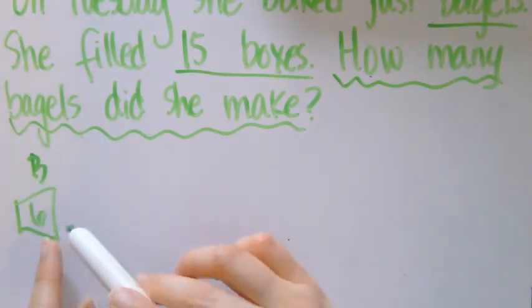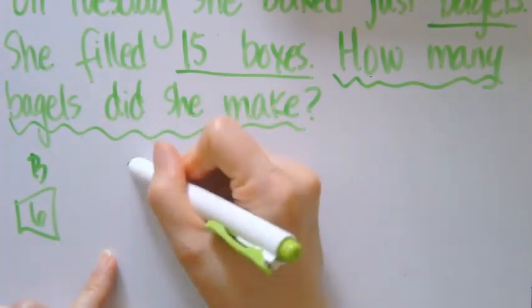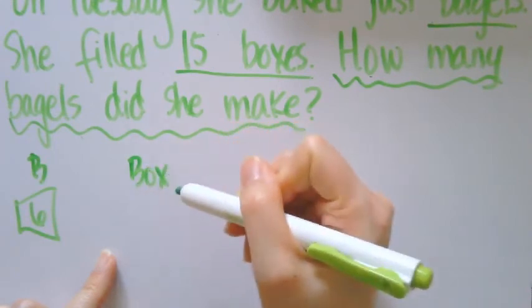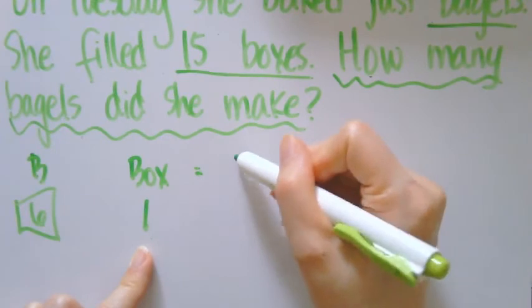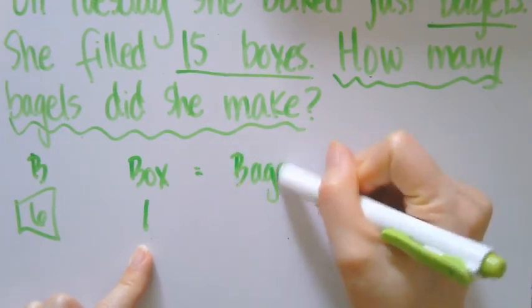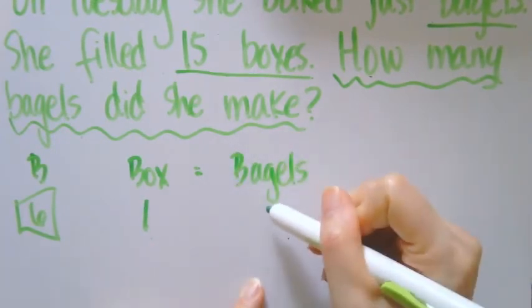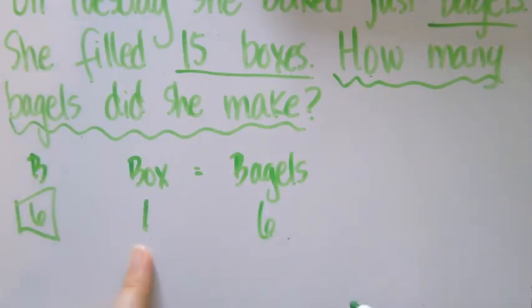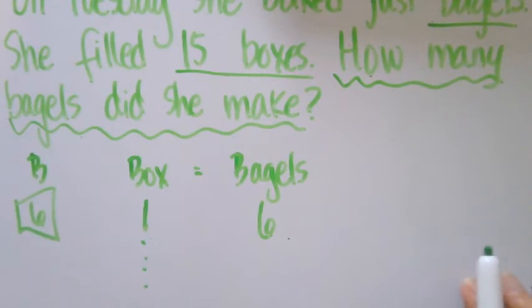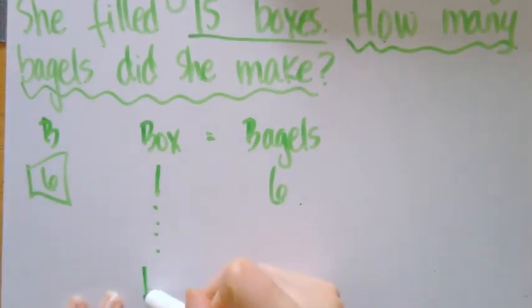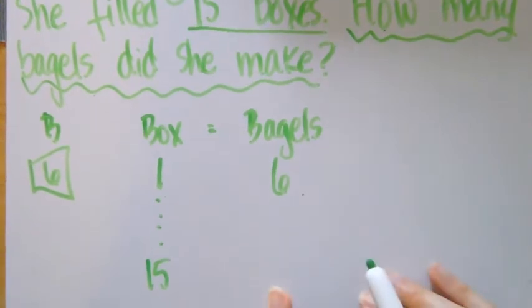So if 1 box, okay, box equals 1 box equals, I'm going to write bagels, equals 6, okay? I need to know, just because that would stand for all the other numbers in between, what 15 boxes would equal.